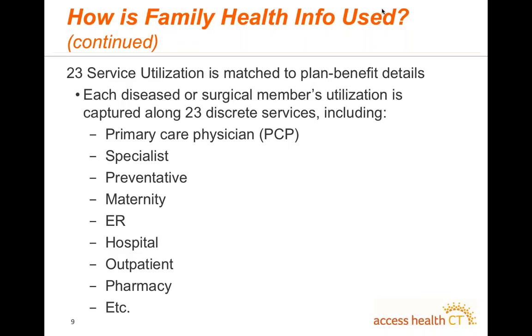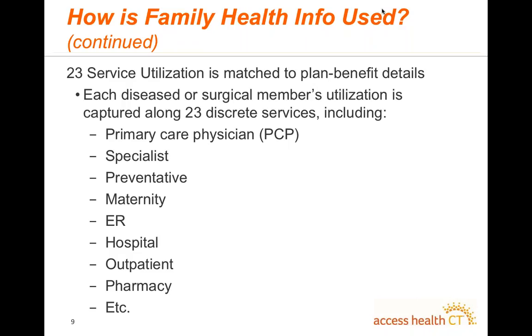Or if you end up in ER, then you pay $200, right? So we make sure that we conform to this plan benefit literature for all the plans that come and are sold through the exchange, so we can compare them on equal footing. So this plan has $200 ER deductible or copay, and this plan has $500. So we know which plan has what.